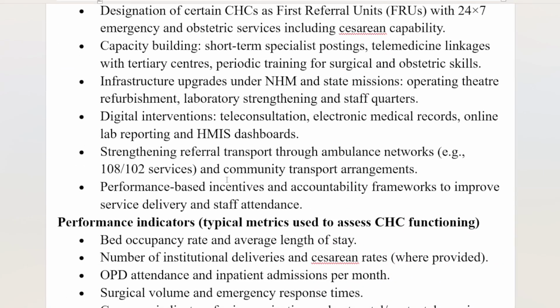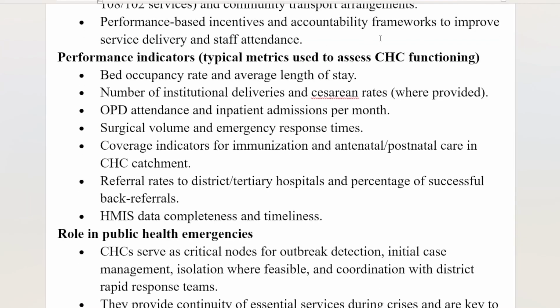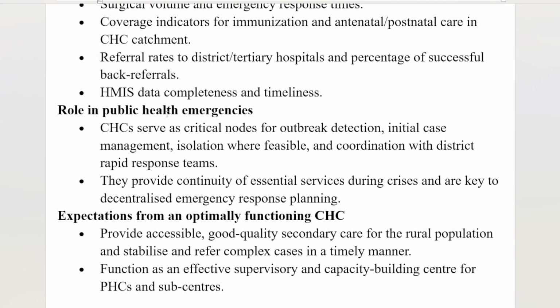If we talk of performance indicators for CHC functioning, we look at bed occupancy rate, number of institutional deliveries done by the CHC, OPD attendance of patients, referral rate, and what the HMIS data says.